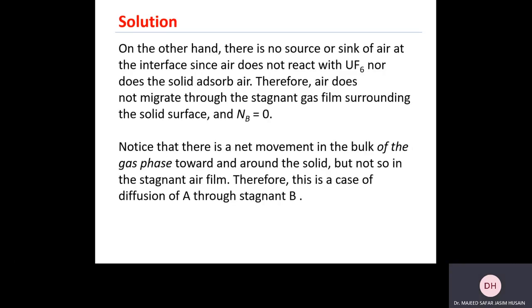It is basically a case of unimolecular diffusion because the air was not transferring from the outside to the solid surface. So in that case, NB was equal to 0. So in that case, we have this stagnant gas film. So this is our case.